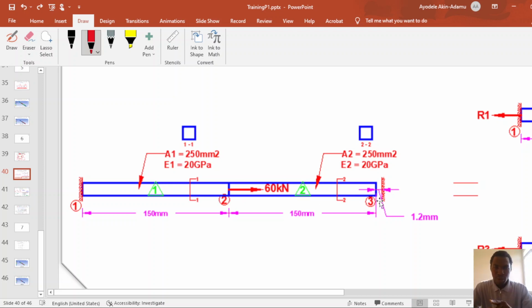Let's look at it first without the support at node 3. How will the 60 kilonewton load affect the structural body if we don't have a support at node 3? The effect of the 60 kilonewton load is to stretch the finite element between 1 and 2.